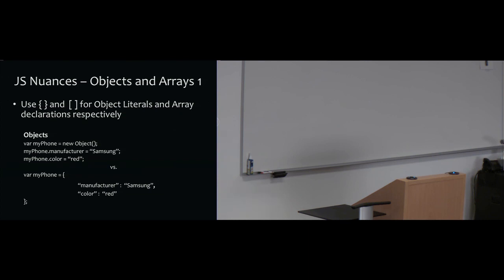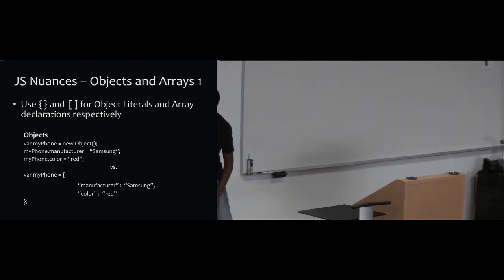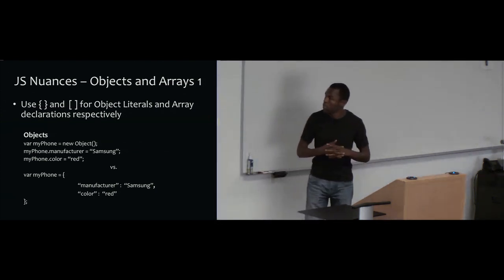Or you can go about it with the object literal and just plan to go about assigning properties. And not only is this way more concise, it ends up being a lot faster when you look at performance.